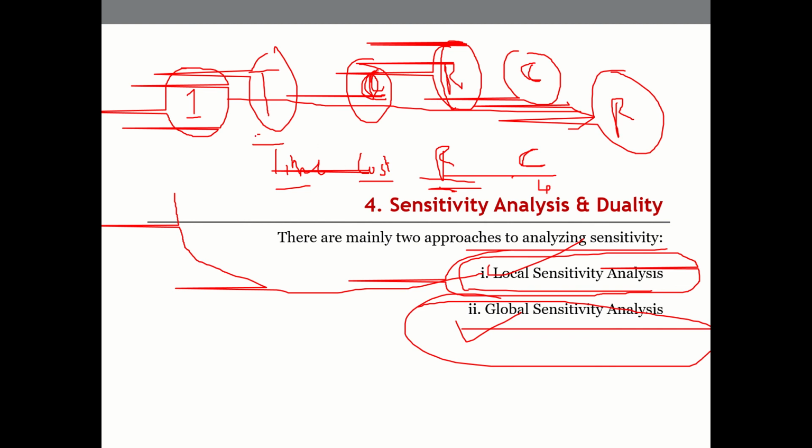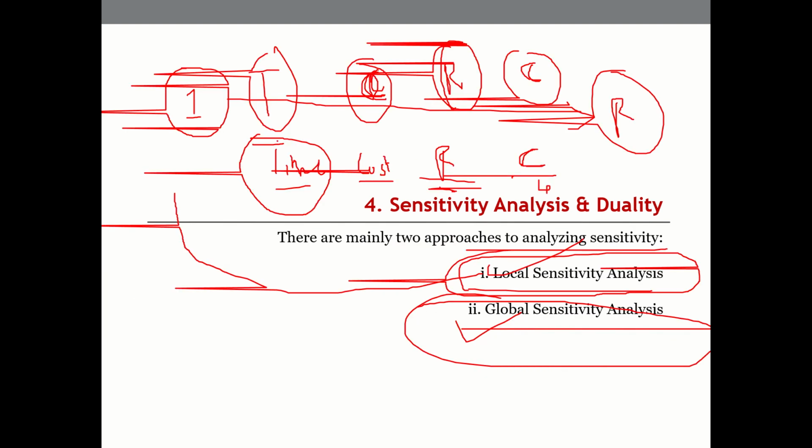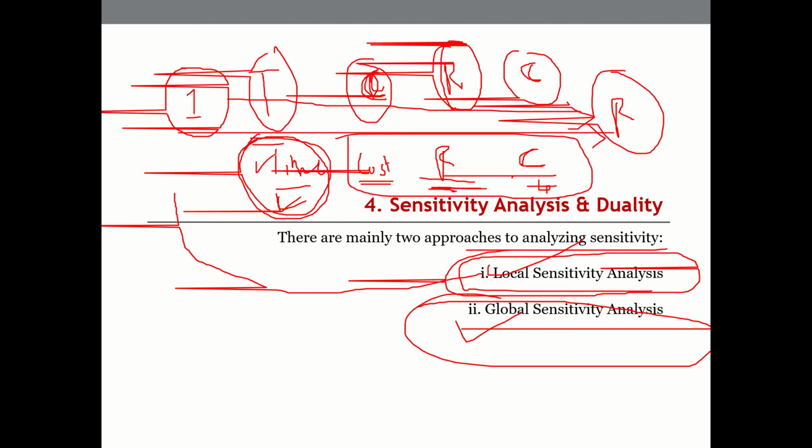Now in local sensitivity analysis, what it does is it takes one parameter at a time. That's why it is called OAT, one at a time, one parameter at a time. So when this decision is assessed for time as a parameter, cost, risk and comfort are kept constant. They are not influential when we talk about time. Or when we talk about cost, I want to determine my solution through cost.